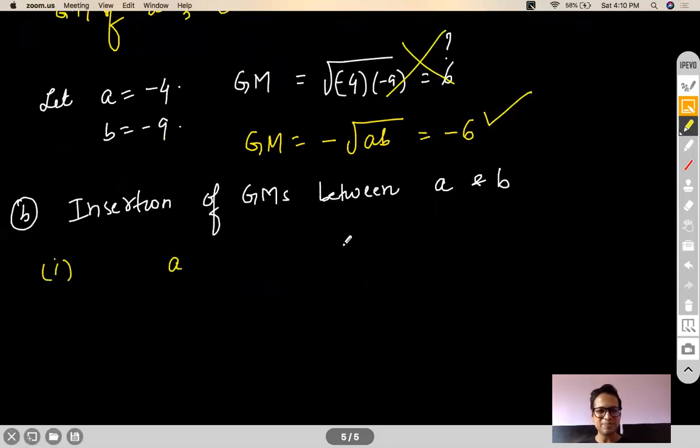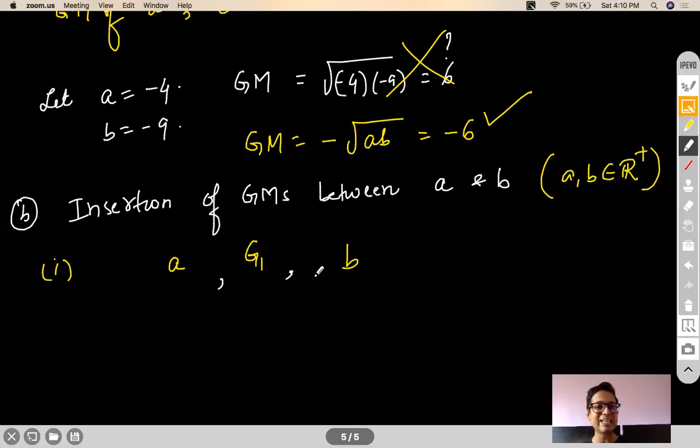Let's say A and B are positive numbers. I don't want to take them as negative, because let's talk about positive only. And you will only be asked questions when the quantities are positive. So let's say A and B are positive real numbers, and I want to insert one geometric mean between them. Now, what I said earlier for arithmetic means is also true here, but not literally.